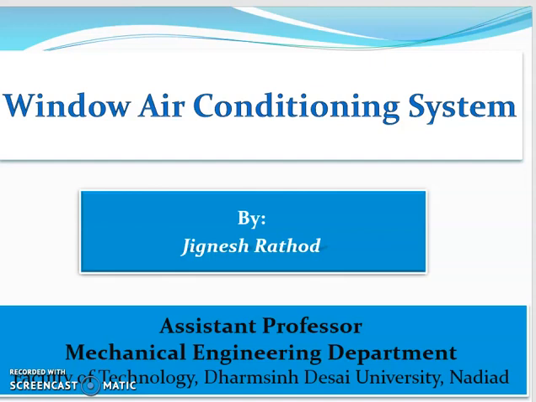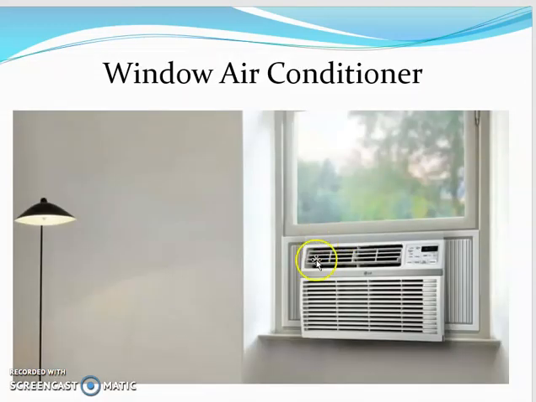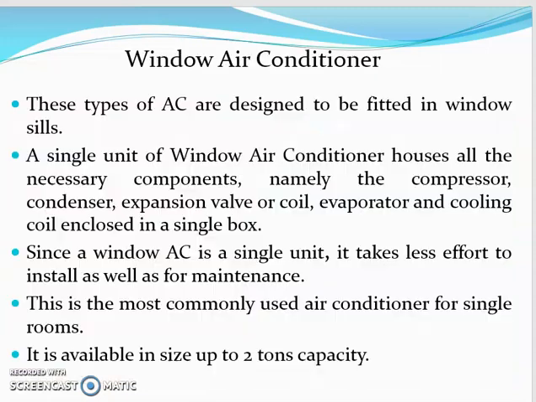In this video, we will discuss the window air conditioning system. So this is how a window air conditioner looks like. This type of AC is designed to be fitted in window sills, and that is why it is referred to as a window air conditioner.